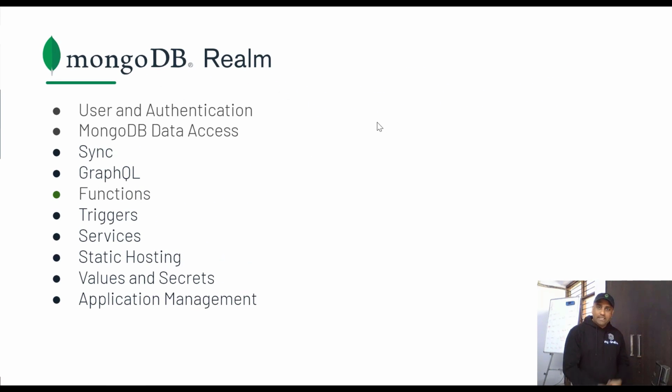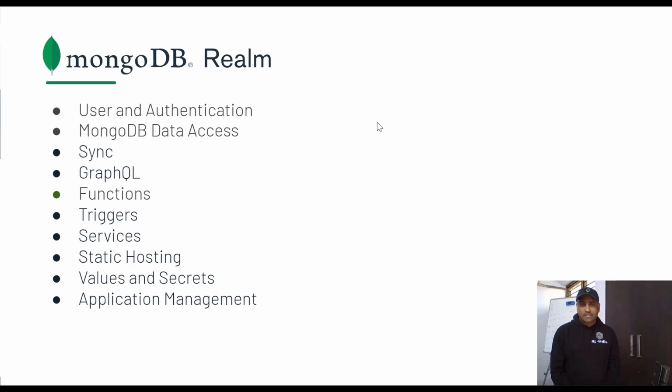MongoDB Realm has mainly these features. It helps us with user management and authentication, and MongoDB data access. It synchronizes your data from various devices. It gives you GraphQL on top of the database with just one button click.